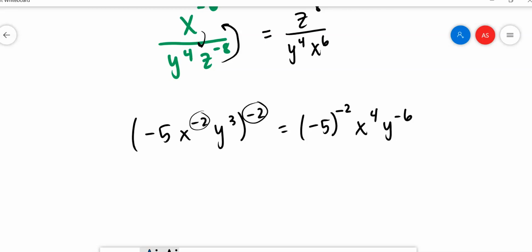All right, so now, in my mind, this is what's happening. So the first thing I noticed with this is that I got -5 raised to the -2. Well, here's the tricky part with this, guys: that 5 is going to stay negative. The problem is where he currently is positioned, like -5 over 1, he's unhappy in the numerator.